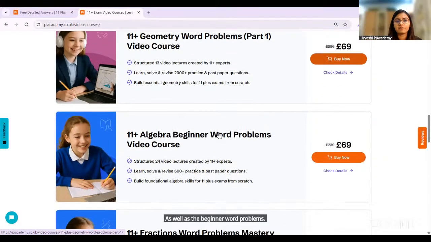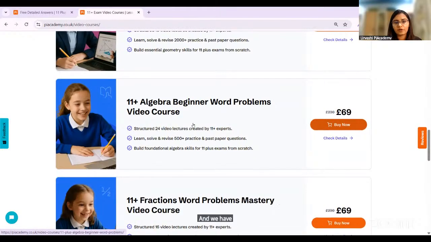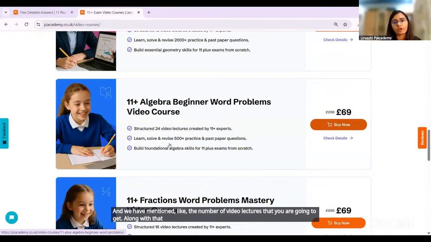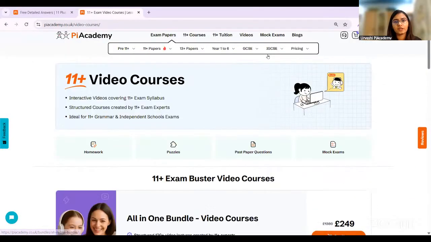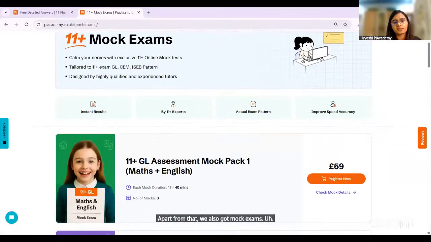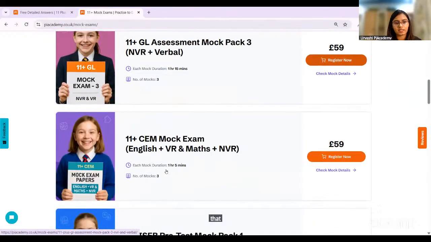We also got 11 plus geometry, fractions, and we have mentioned the number of video lectures that you are going to get. Along with that, you get the solved practice papers and past paper questions. Apart from that, we also got mock exams. So you can see the board specific mock exams that you want to target.